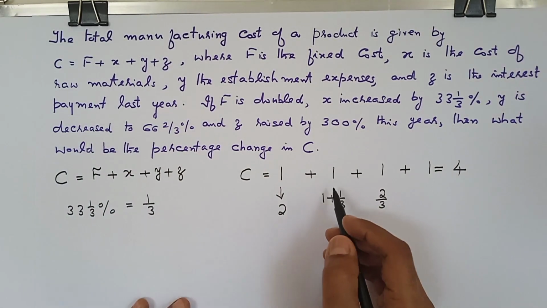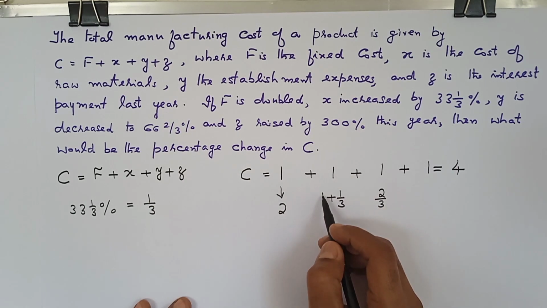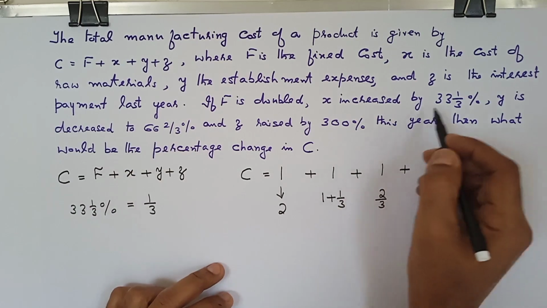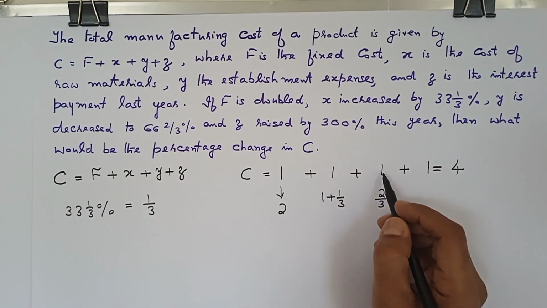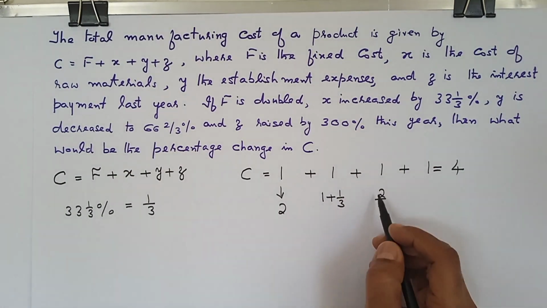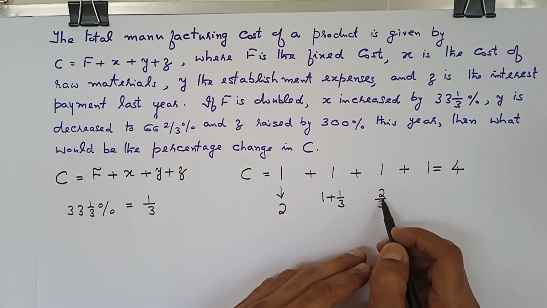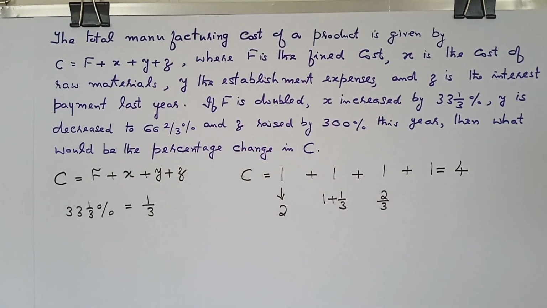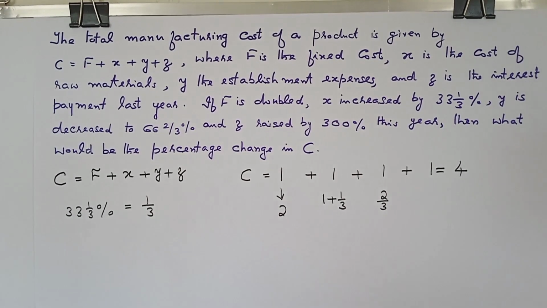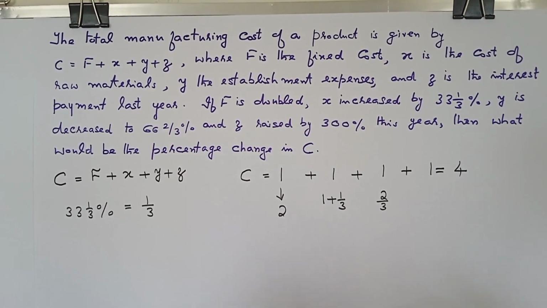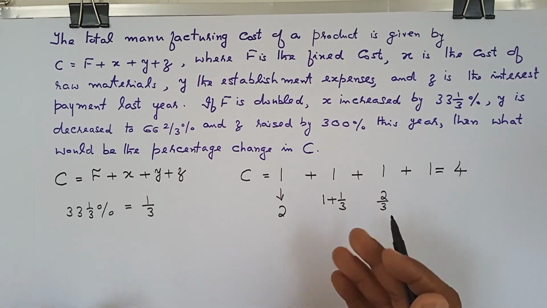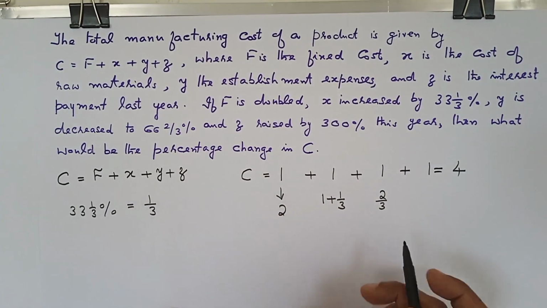Reduced by means you write whatever value that variable had initially, then decrease it by so much percentage. Whereas in this case, reduced to something means you write 1 to the reduced value. All these minute points I have already discussed in my previous videos. I would encourage you to go through them, in case you have any confusion, to clear it off.